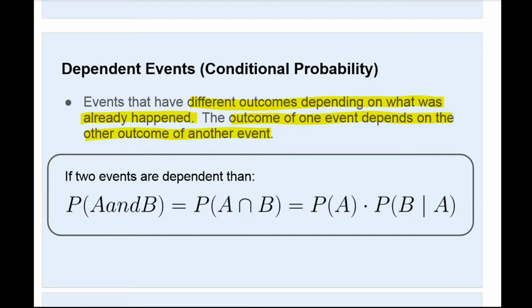It's also known as conditional probability, because you might see it written as the probability of event A on the condition of event B happening, or something along those lines. So the formula that we use is roughly the same as for independent events.